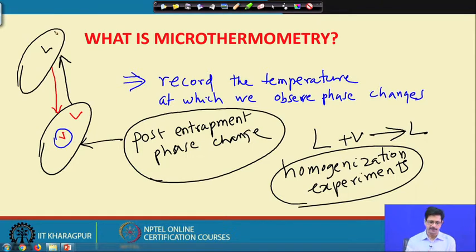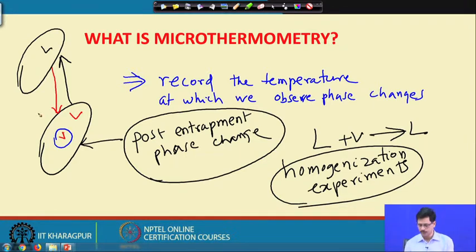So, if we keep the pressure aside for the time being and only consider temperature, then microthermometry is essentially intended towards obtaining a homogeneous state of any fluid inclusion that we are observing under the microscope, irrespective of the phase combination, whether it is a liquid plus vapor, or 2 liquids, or 2 liquids plus vapor, a liquid plus solid plus vapor, whatever may be the situation.